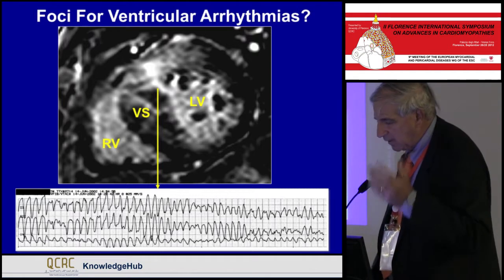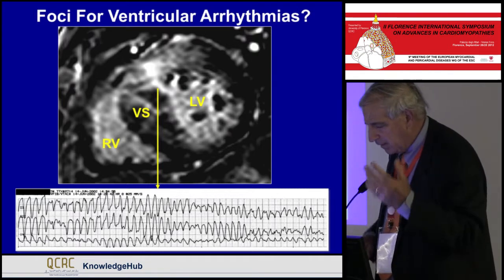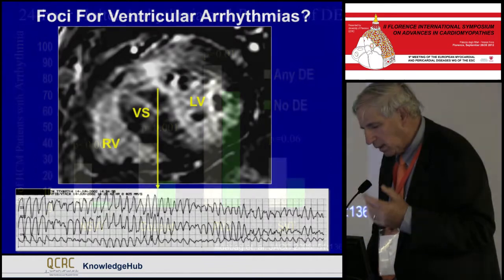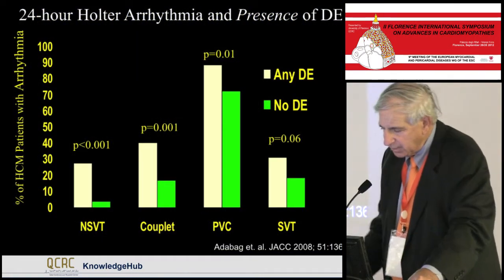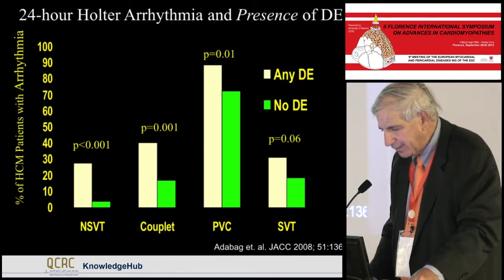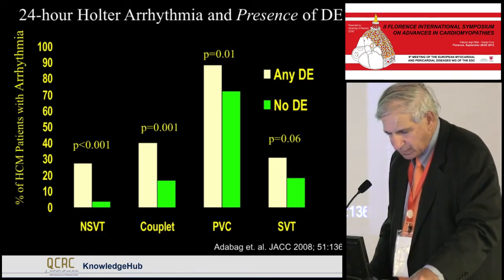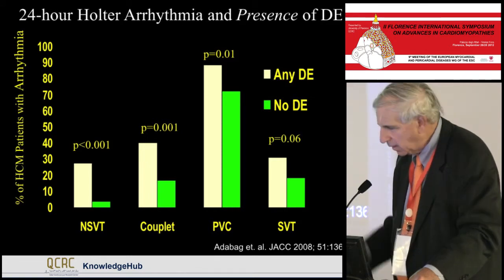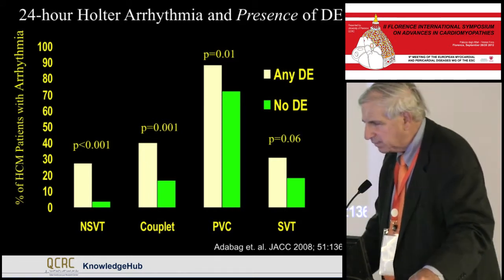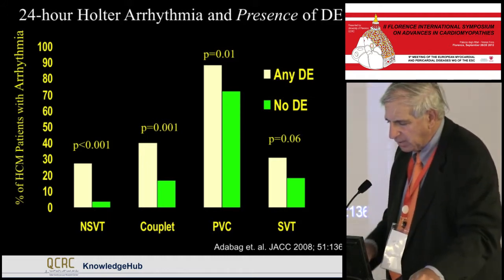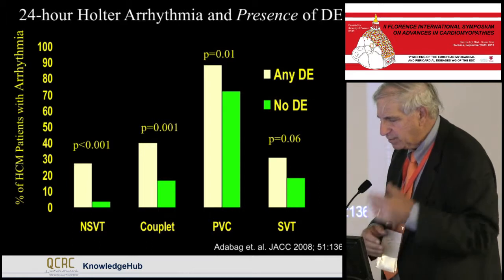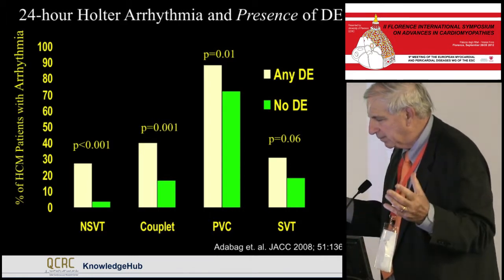It's natural to think about the LGE in this regard. And there's data out there that says that the presence of LGE, called DE here, for example, these are data from ambulatory Holters. These arrhythmias, like NSVT and couplets and PVCs, these ventricular tachyarrhythmias, are much more common on the Holter in patients who have some LGE.